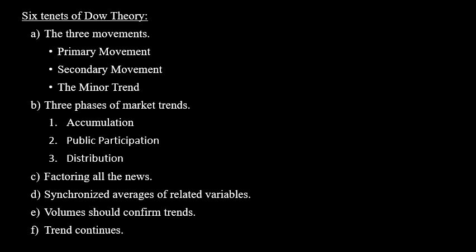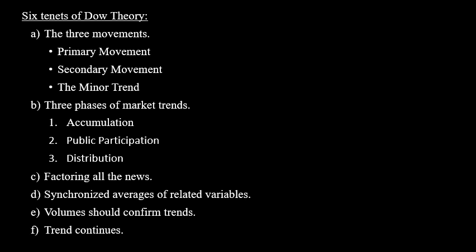Next is public participation, another phase. Slowly that information becomes public knowledge. Whenever a small group of investors buys the securities of a particular company and accumulates them, that becomes information in the stock market.